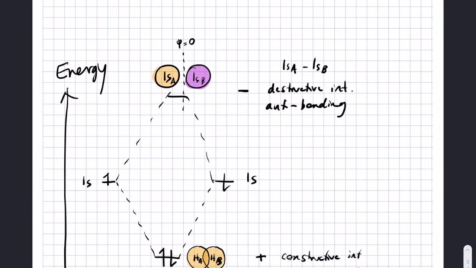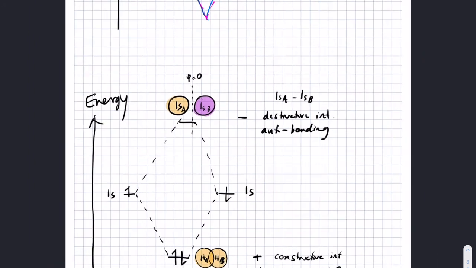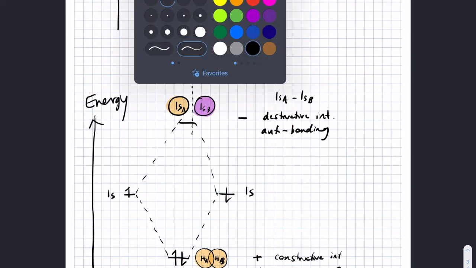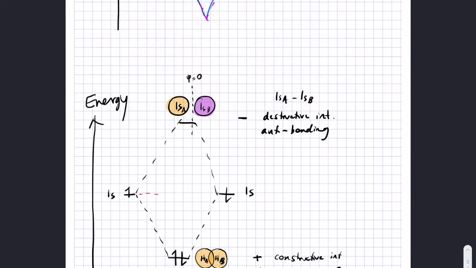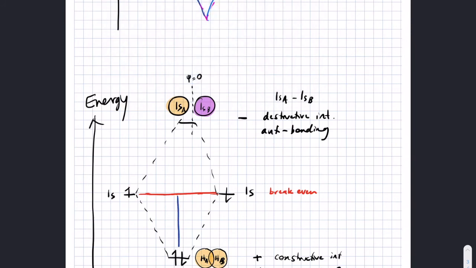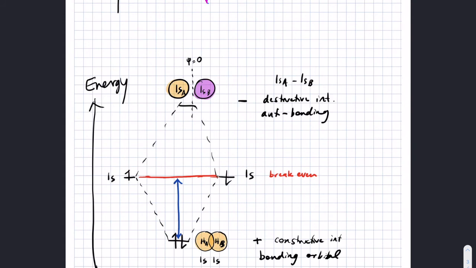Now, one thing that's not immediately clear from the way we've described things, but is a consequence of the MO theory math. If we call this line where the atomic orbitals start out our break-even point, and we measure the energy distance between our bonding orbital and our break-even point, we'll call that delta E B for bonding.